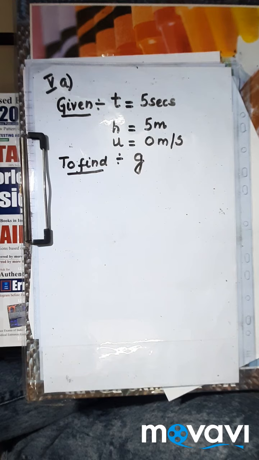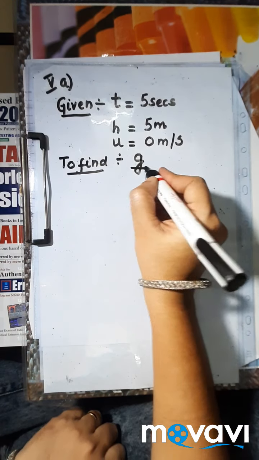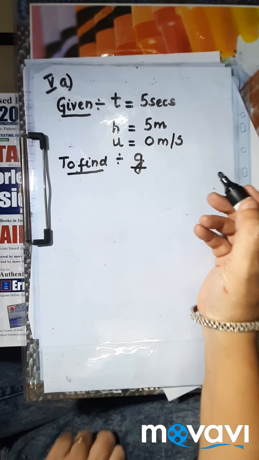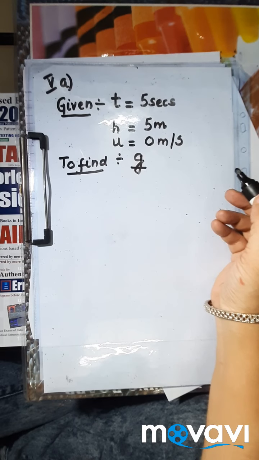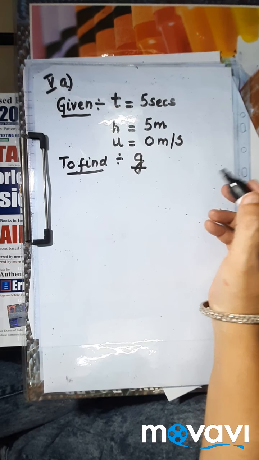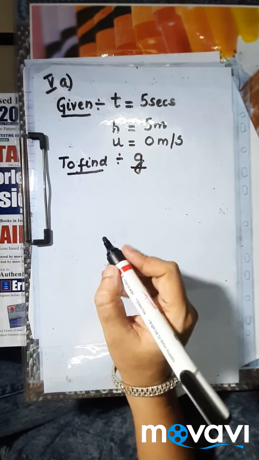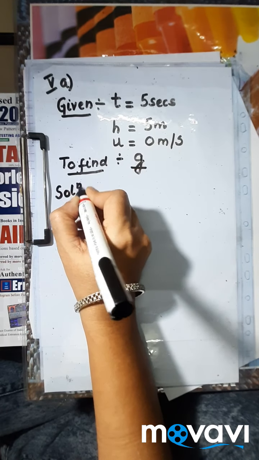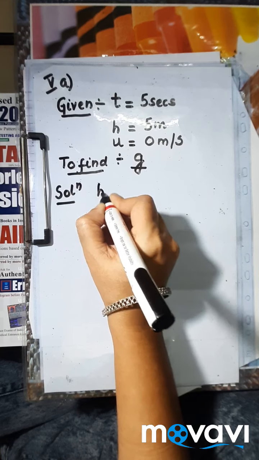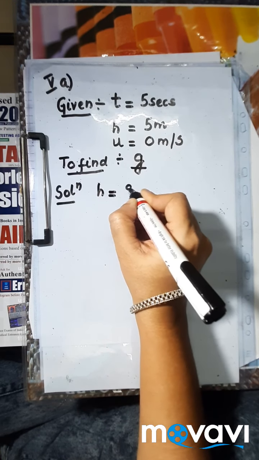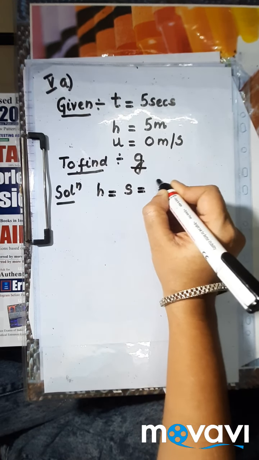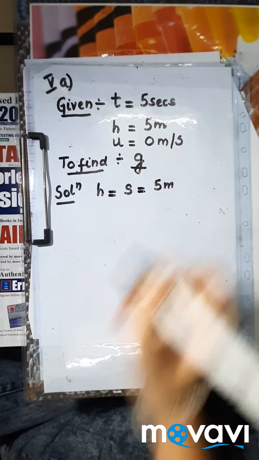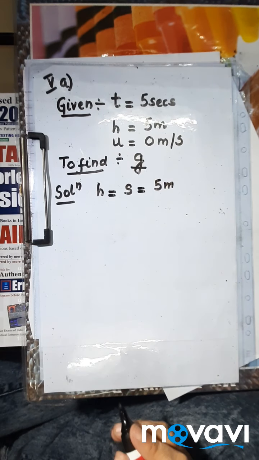Now G is not 9.8. It's on another planet. That is why we have to calculate the value of G. Now this H is my height. So see, in my solution, I will say that H is the distance traveled, so that is equal to S, which is equal to 5 meter.